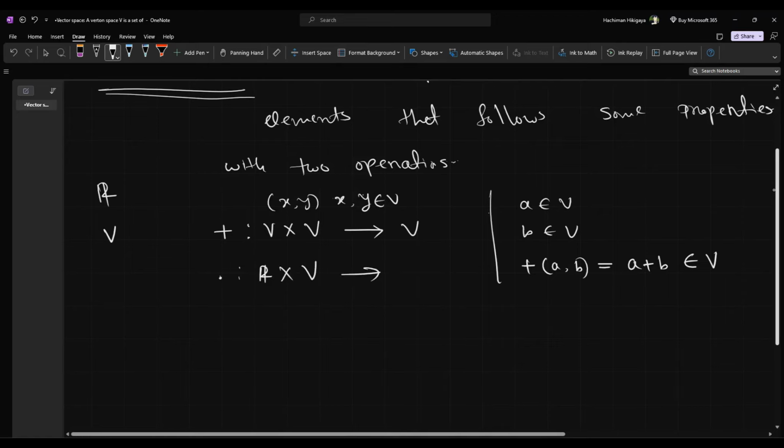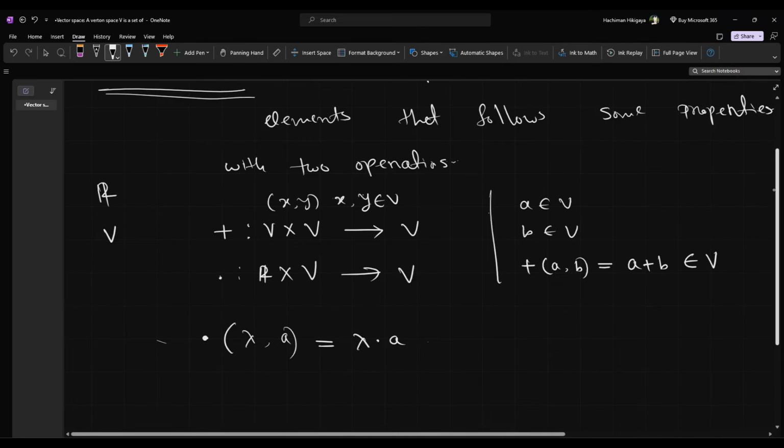For example, if we take an element lambda from R and an element a from V, the dot takes it to lambda dot a, which is the simple scalar multiplication we do in real numbers.